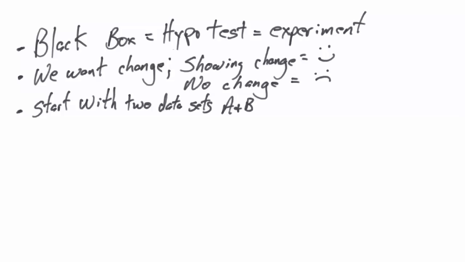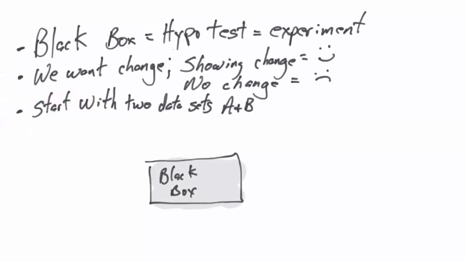Our black box is really our hypothesis test. Hypothesis tests are just experiments to show change. So we've got a black box trying to help us understand change. I'm going to draw it right here. We're hoping that when we insert two data sets, the black box will tell us that there was a change. Change is good. Showing no change, well, that's bad. But we've got two data sets.